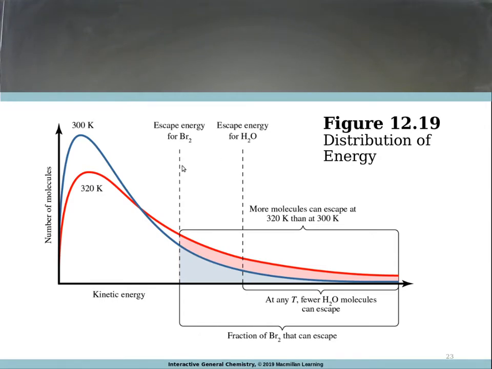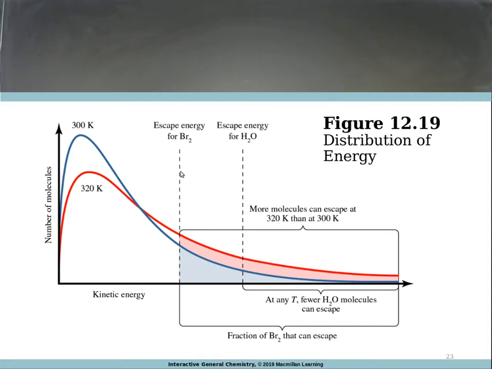In both the case of bromine and water, however, there will be at least some molecules that are traveling fast enough to escape. And so we see here the difference in escape energy explains why bromine would have a higher vapor pressure than water, because it has the weaker intermolecular forces.